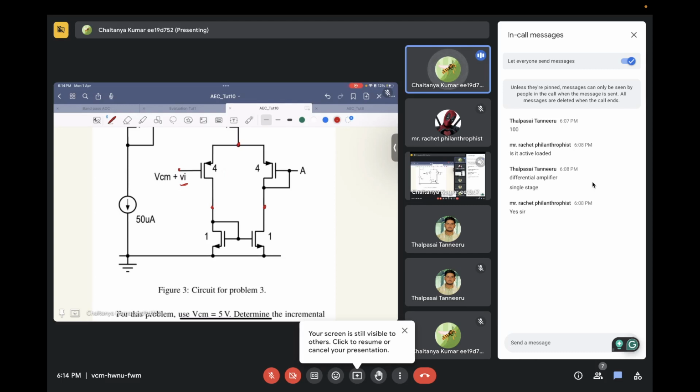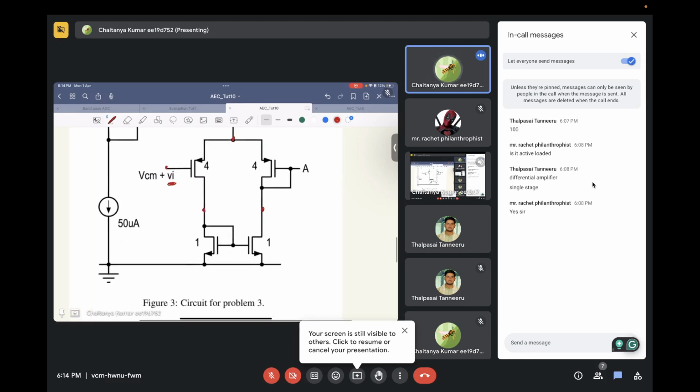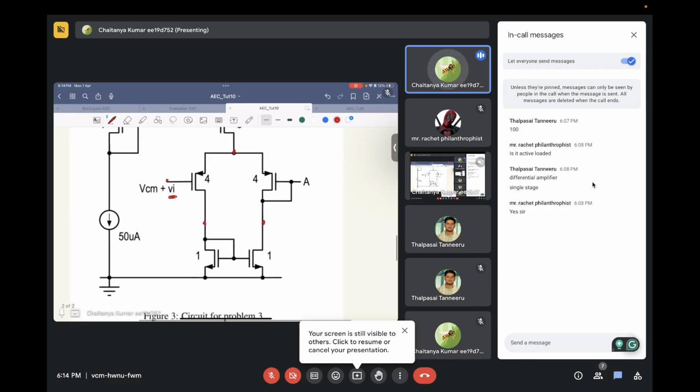Now, let's say while doing the large signal analysis, when Vi is equal to 0, the negative feedback of this structure will ensure that both node B and node A, let's call this node B, are at the same voltage. Yes.